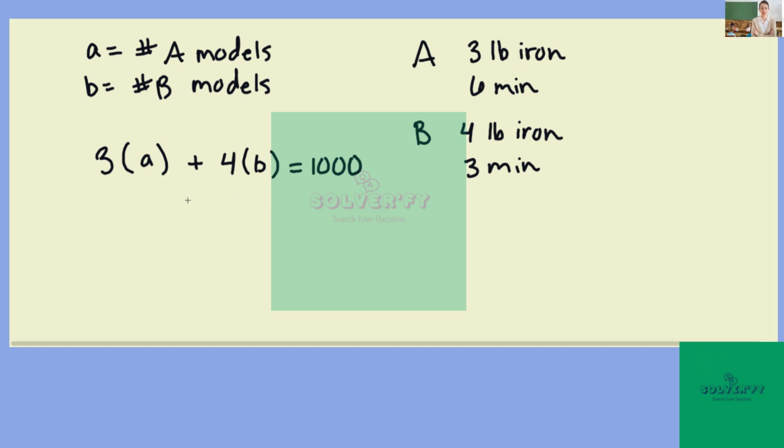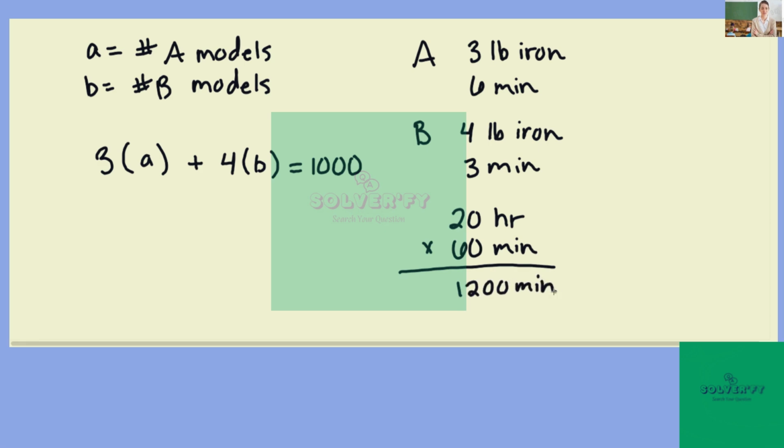Now we can also make another equation based on the number of minutes that we have. So we know we have 20 hours of labor available, but we can't use this 20 in our equation yet because it is not in minutes. So we'll multiply this by 60 minutes that are in each hour, and we get 1,200 minutes.